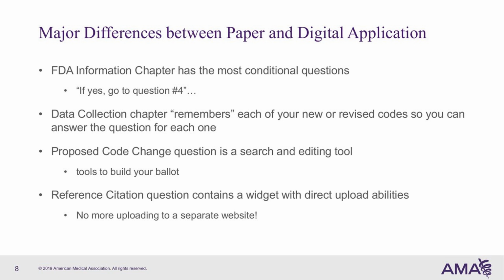We remember this as you go. We save, and I'm going to show you this, we save all the time for you so you don't have to worry about losing any information in there. And I'll show you the proposed code change questions. It's really a set of tools that we give you to build your ballot. And then I already talked a little bit about the reference citation questions, how we give you some widgets to help you upload those pieces and give you some interactive questions.